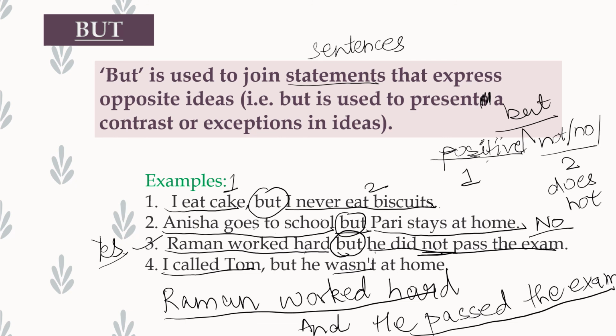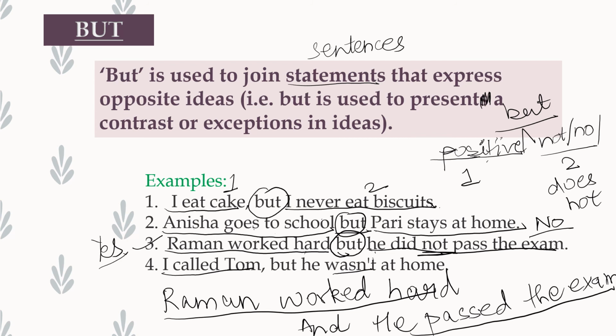But means opposite meanings. One is that you have done something great, and the second would be you don't do that, you didn't do that. In that case, you can simply add but to it.